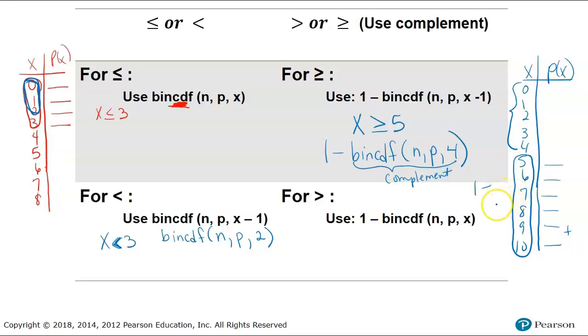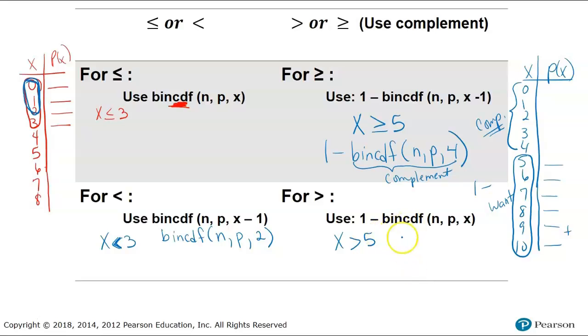So this is what we want down here, and this is its complement up here. Another way to remember this is if 5 is included here, it's not included here when you're talking about these complements.